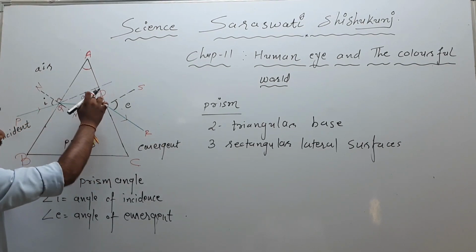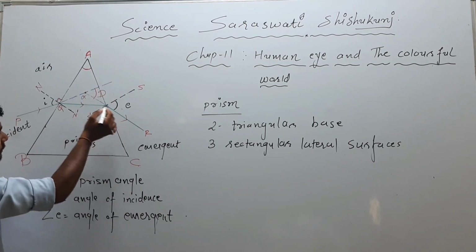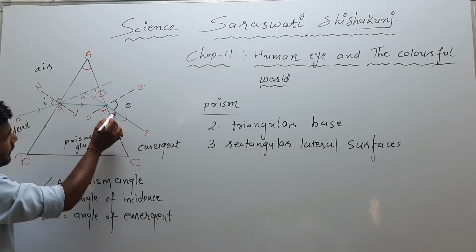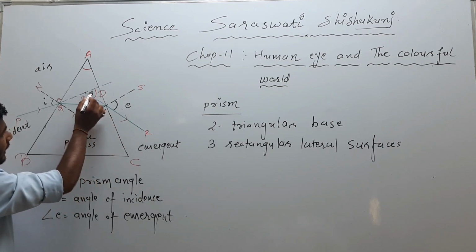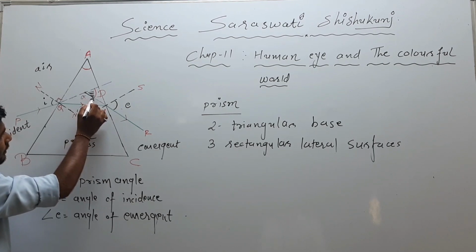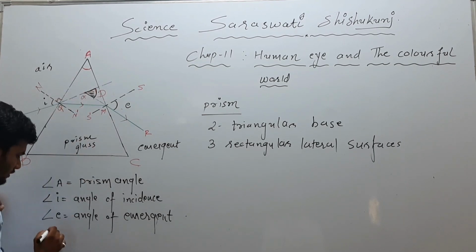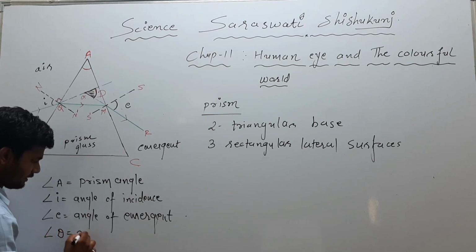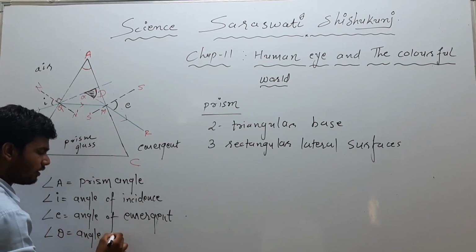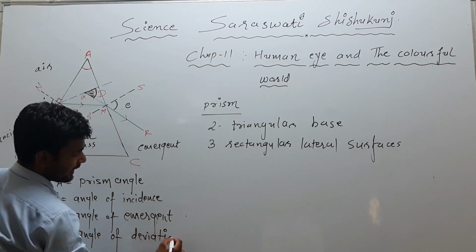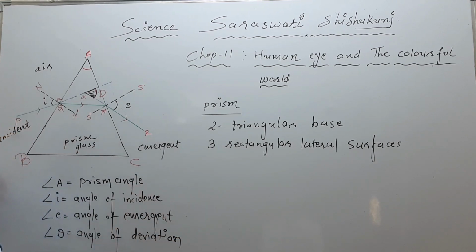Also, if I extend the incident ray and the emergent ray, the angle which is created here is called the angle of deviation.